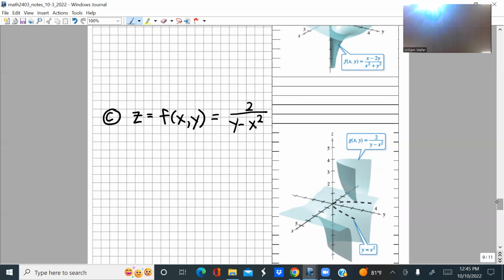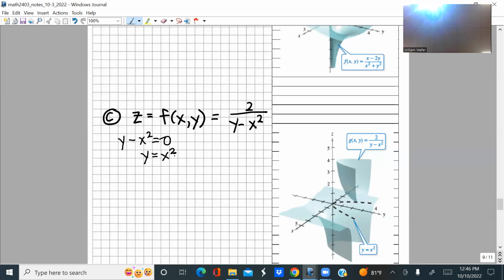So what you have to figure out is where is the denominator 0? So you'll take the denominator and set it equal to 0, and you end up with this curve, okay? Solutions to this equation are going to be a curve. What sort of curve is that? That's a parabola. That's just the standard parabola, y equals x squared.